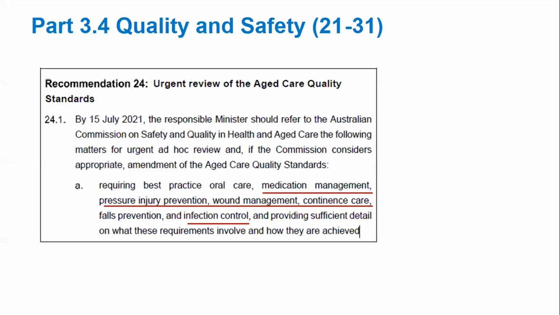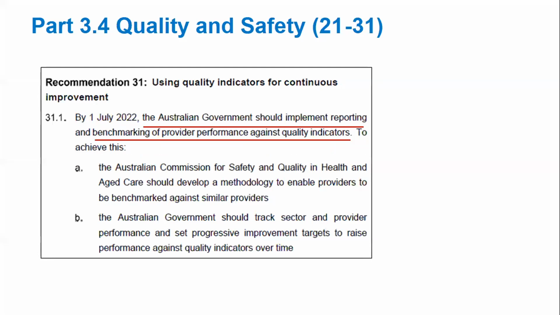That there is sufficient detail on what requirements are involved and how to achieve these standards related to these, what I've just outlined. Recommendation 31, that we use quality indicators for continuous improvement, and that the Australian Government should implement reporting and benchmarking of provider performance against quality indicators.